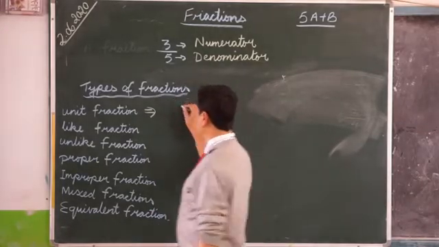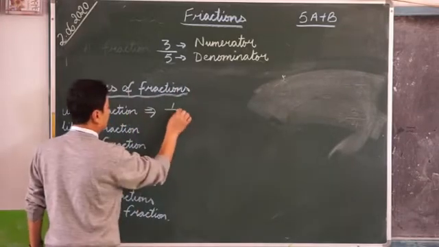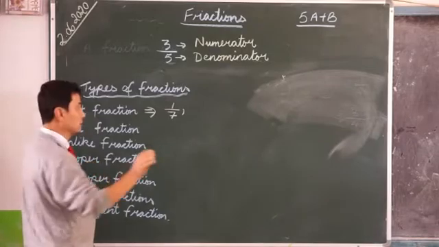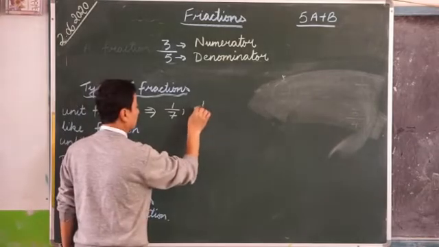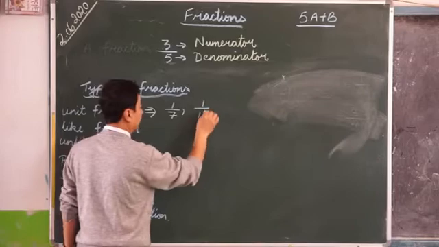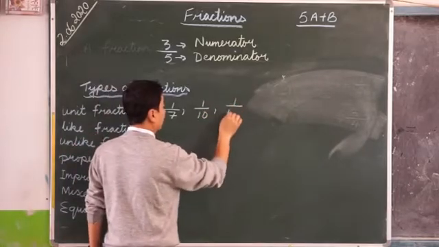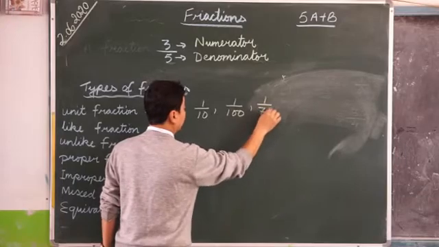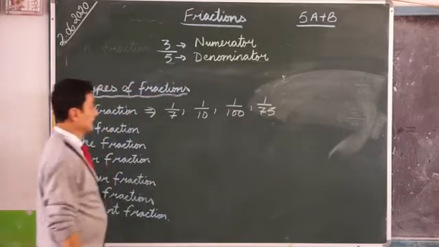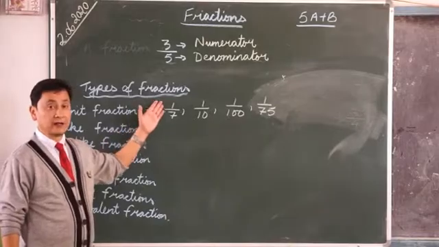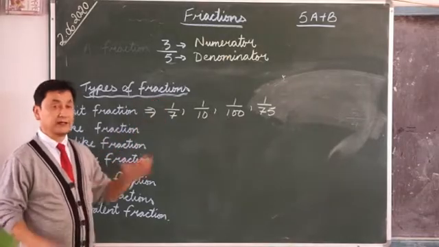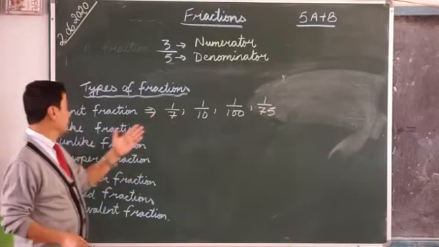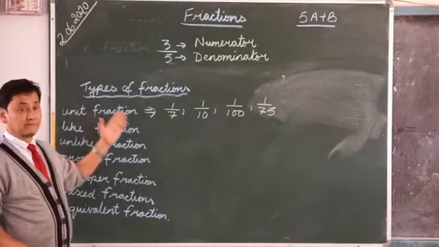For example, 1 upon 7, 1 upon 10, 1 upon 100, 1 upon 75. So you see that the numerator is only 1 and the denominator can be any other number. These types of fractions are known as unit fraction.